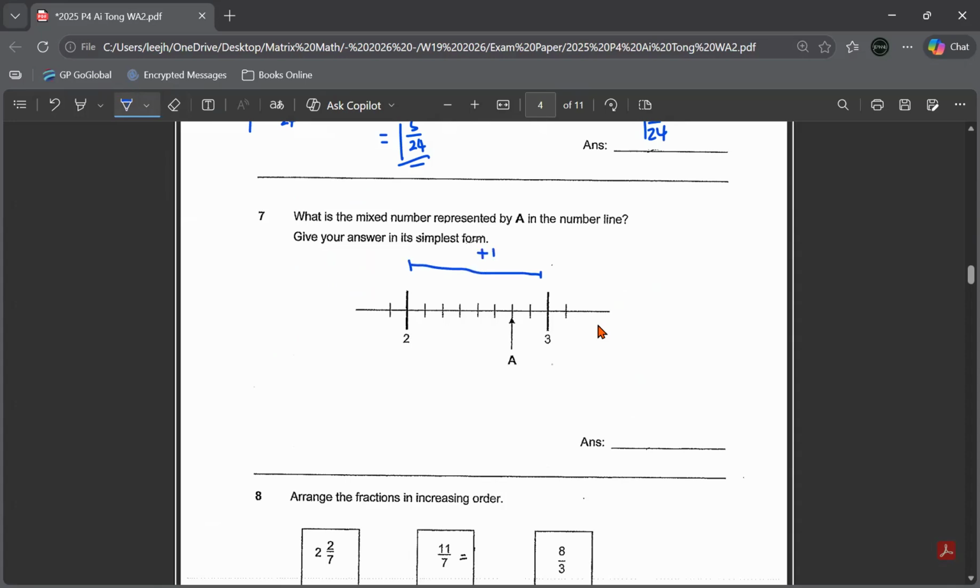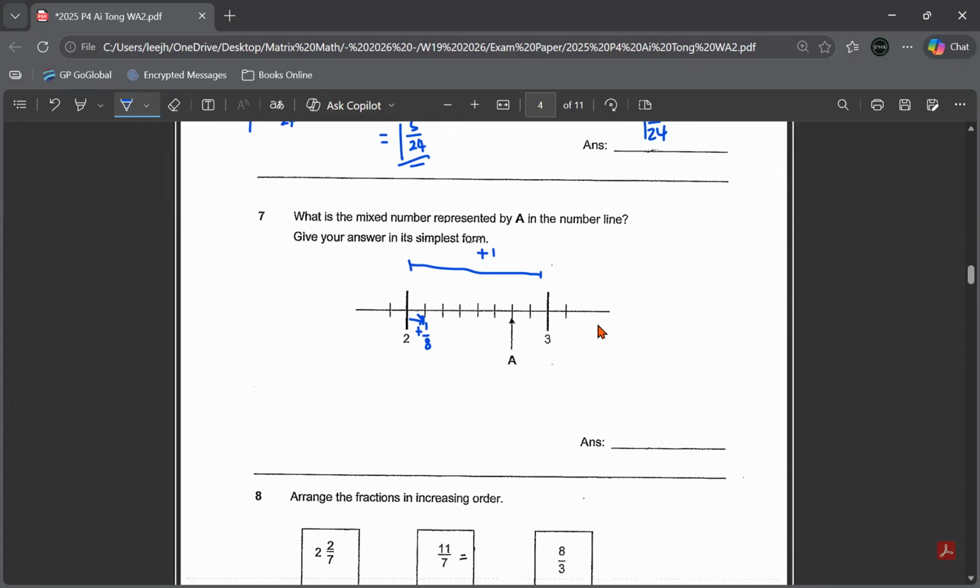This one whole is cut into 8 intervals, which means that one single reading here is plus 1/8. Then after that, plus another 1/8, all the way to 8.